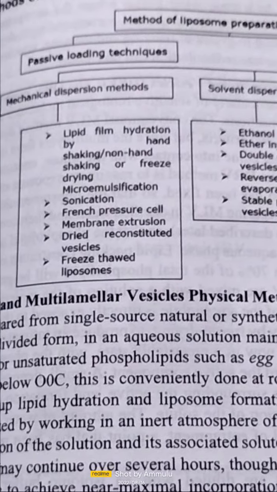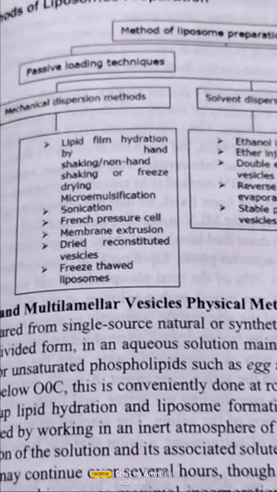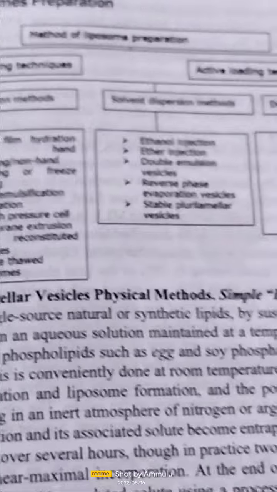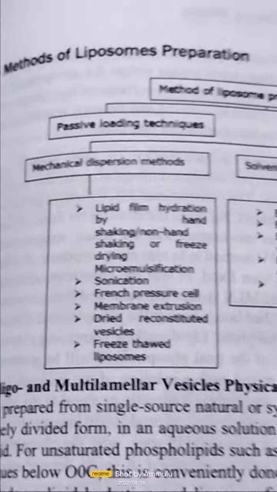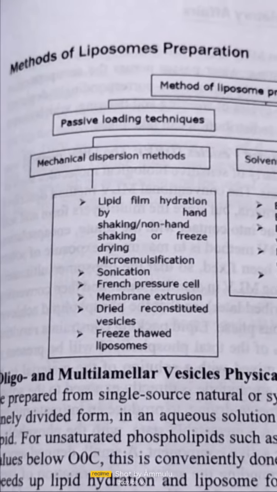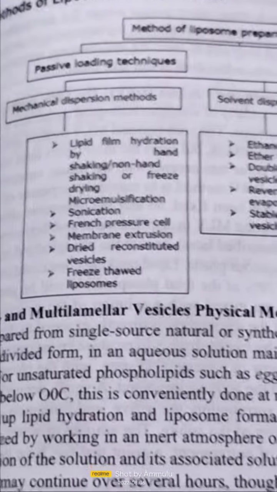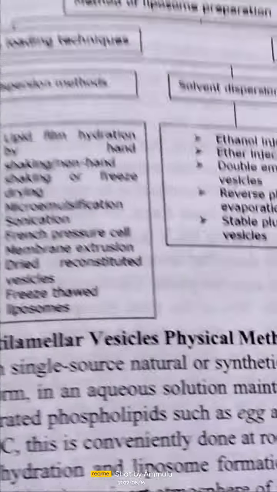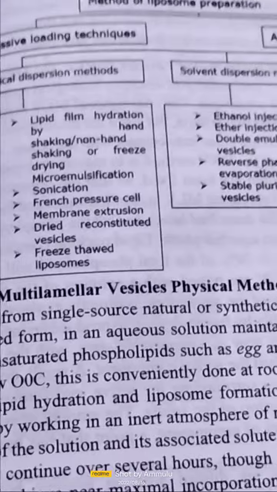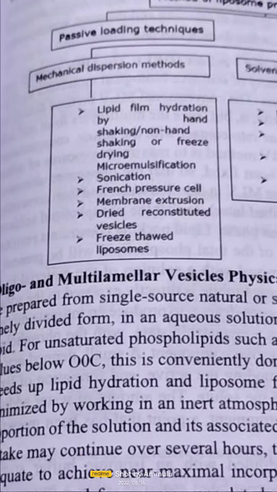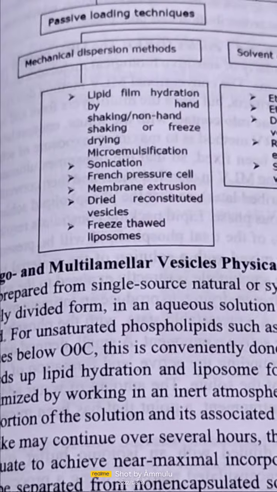In passive loading technique there is no classification, but the active loading technique contains 3 types of methods, that is mechanical dispersion method, solvent dispersion method, and detergent removal method.